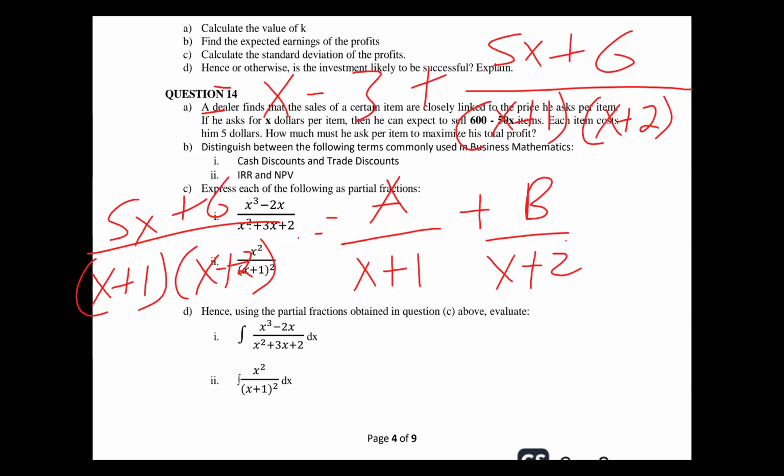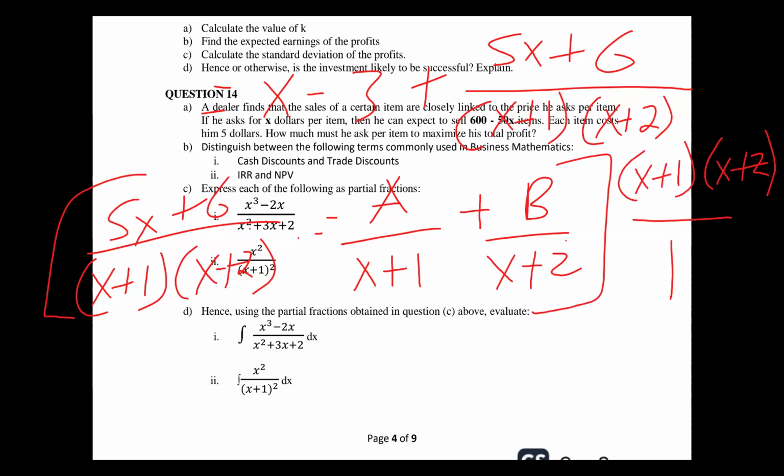So now what we are trying to do from here is to look for the values of A and B. And we know that the values of A and B can be found by multiplying on top by the factors in the denominator, x plus 1 and x plus 2, over 1. When you start expanding like that, this and this can cancel.